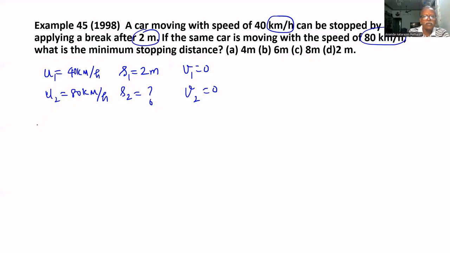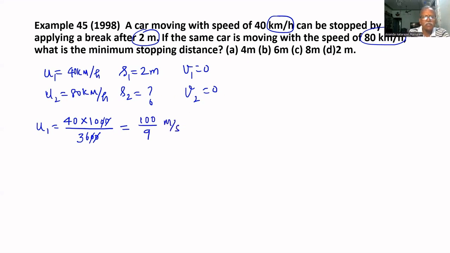So U1 equal to 40 into kilometer. To convert this into meter, we have to multiply by 1000. Hour, if you convert this into second, then 3600 seconds. That is equal to 400 divided by 36, or 100 divided by 9 meter per second.